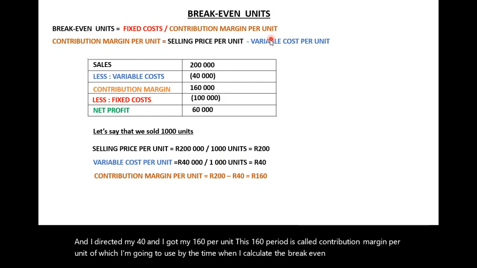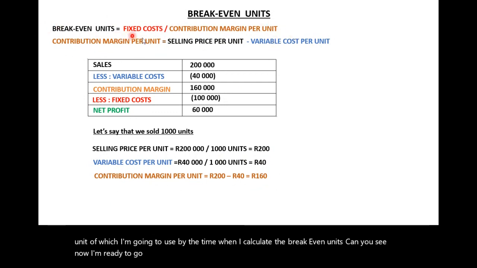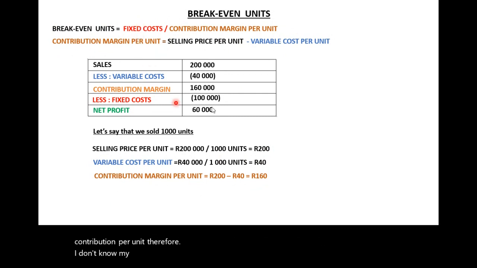Can you see now I'm ready to calculate my break-even units, because I already know my contribution per unit. Therefore, I know my fixed cost, which is how much? This must not be per unit, it must be the total cost of 100,000.